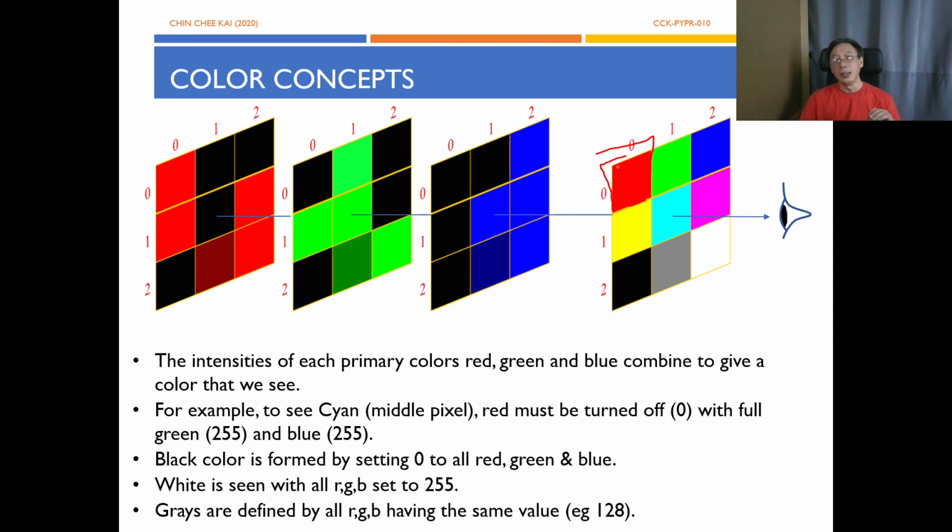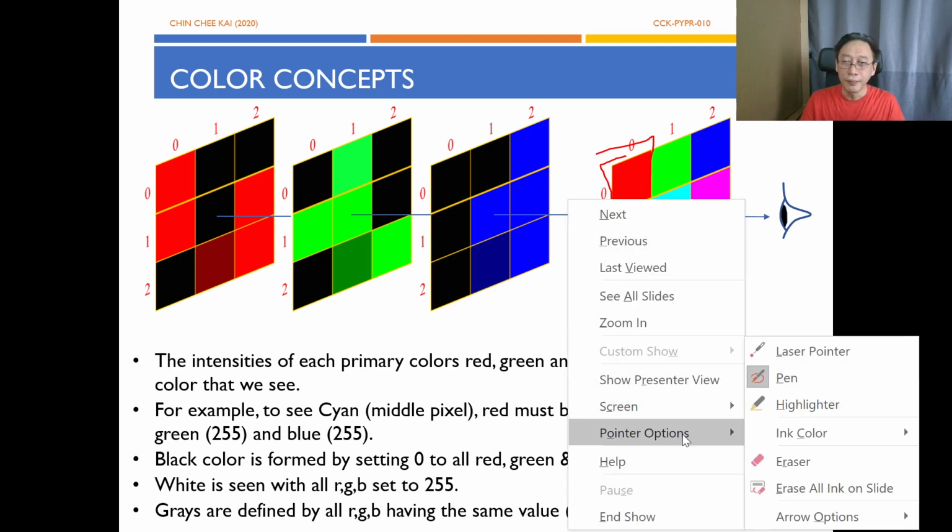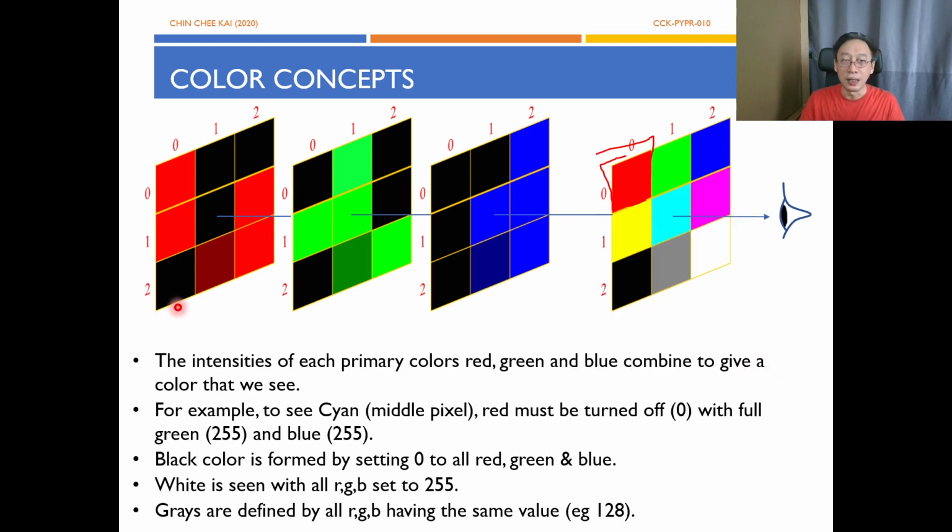Now, how about the other three important colors: black, white, and gray? For your screen to display black, all the display pixel does is to turn off the red, the green, and the blue. And then when you combine by joining a line across like this, you see a black color over here. And for white, it's the other way around. Turn on all the primary colors.